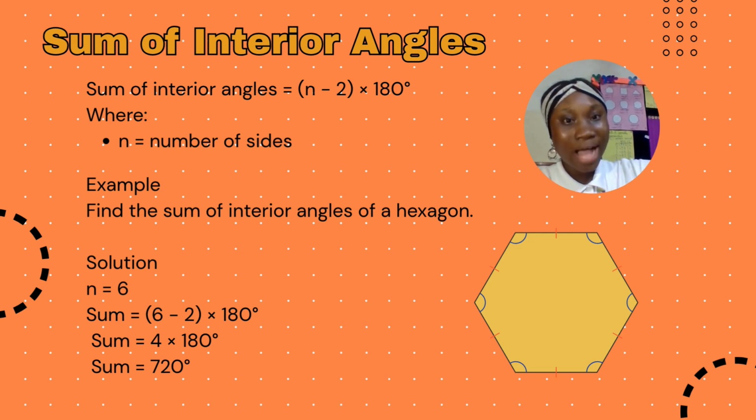So the sum of angles inside that hexagon is 720 degrees. If you want to find it for another shape, let's assume we have a heptagon. A heptagon has 7 sides. So 7 minus 2 gives you 5. That 5 multiplied by 180 degrees, and you get your answer.